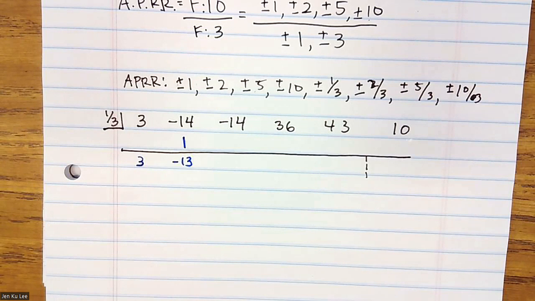Why am I going to stop right there? I know that this is not going to work. It might, right? You might get that one when you go out fishing. You might get that 100-pound fish, right? So 1/3 might work, but I'm not going to waste my energy doing 1/3 times negative 13.